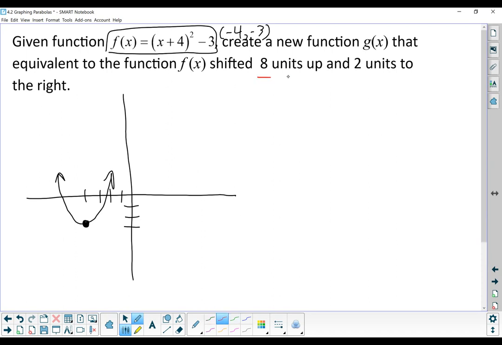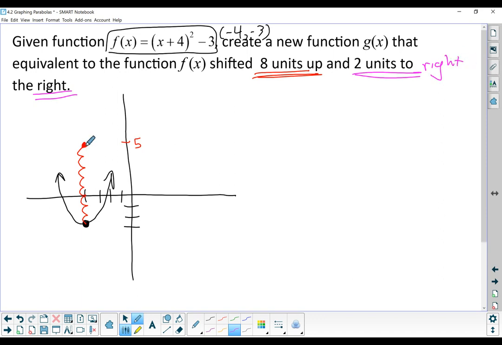Okay, so now what we want to do is shift it 8 units up. So I am going to kind of try to count shifting it up carefully. 1, 2, 3, 4, 5, 6, 7, 8. So since I went up 8 from -3, that puts me now at a height of 5. And I also need to shift it 2 units to the right.